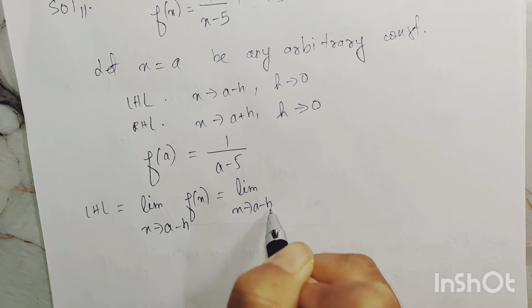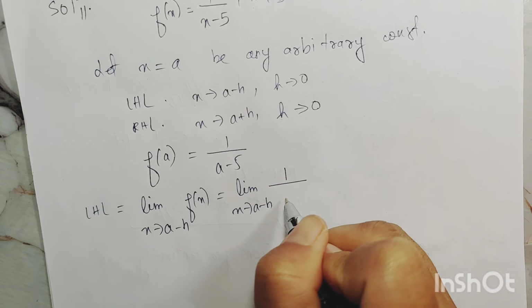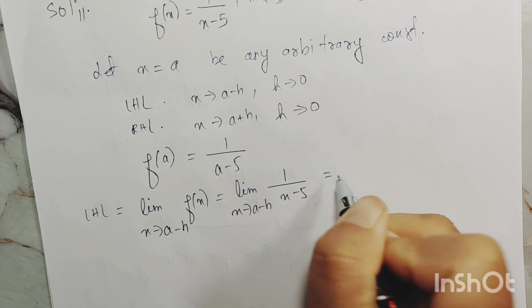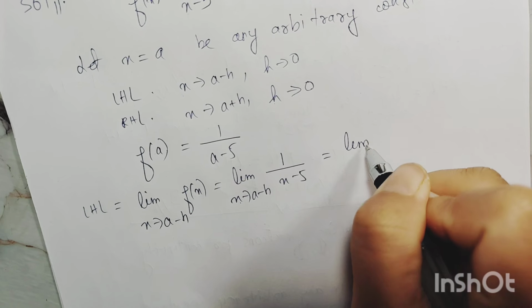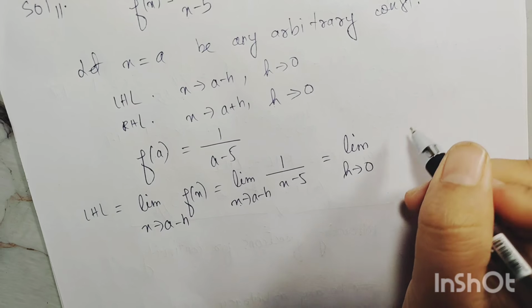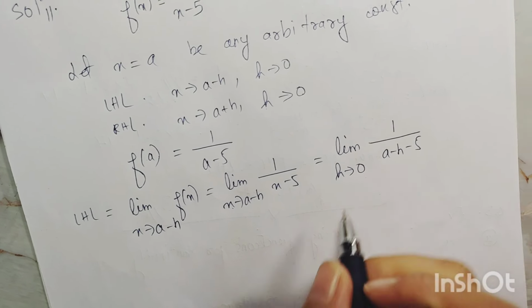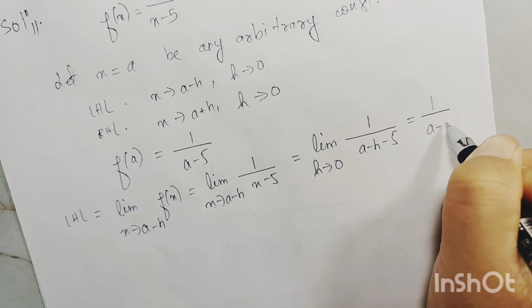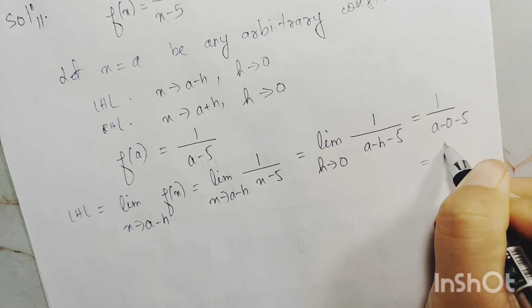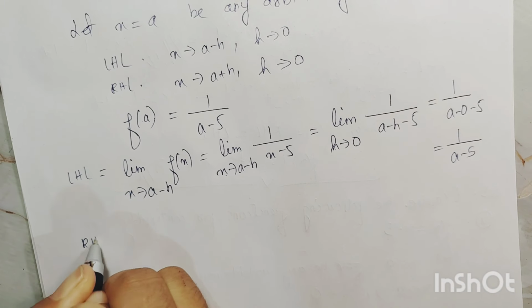The function is 1 by x minus 5, and x is a minus h, so the limit as h tends to 0 of 1 by a minus h minus 5. With h equal to 0, we get 1 by a minus 5. Now the right hand limit.